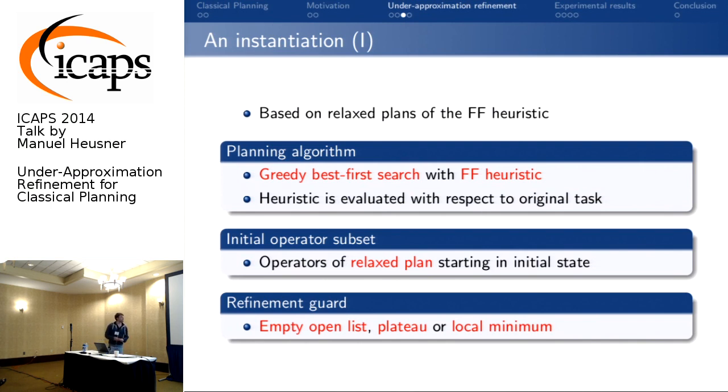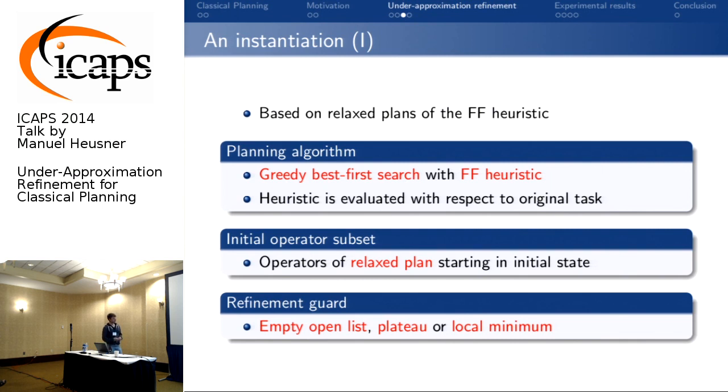For the planning algorithm, we use greedy best-first search with the FF heuristic, and the heuristic is evaluated according to the concrete task, to the original task, because if we would evaluate it on the under-approximated task, the heuristic would be uninformed or return too many dead ends. As an initial operator subset, we simply use the operators from the relaxed plan starting in the initial state.